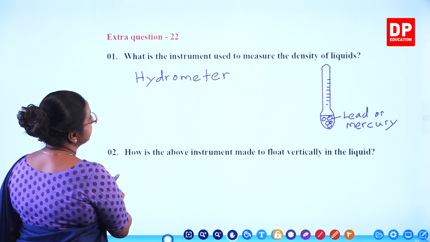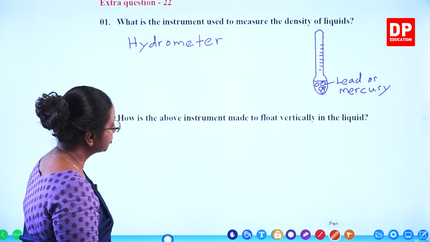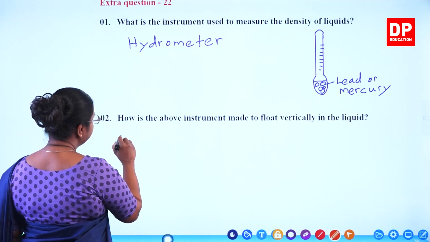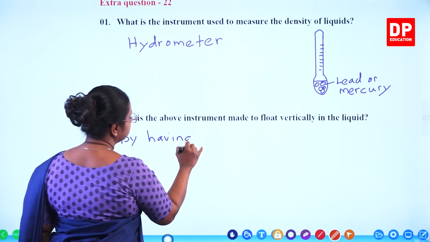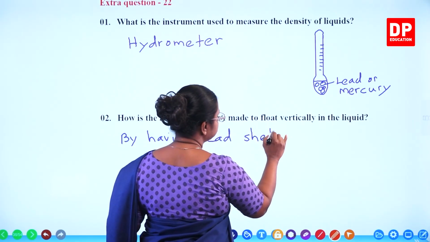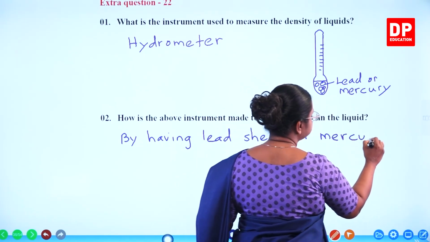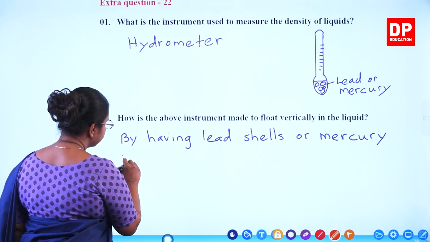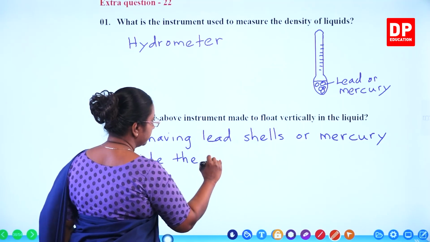So the question is, how is the above instrument made to float vertically in the liquid? By having lead shots or mercury inside the bulb.